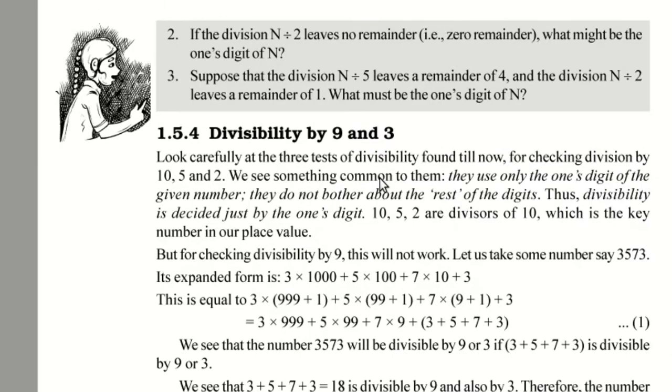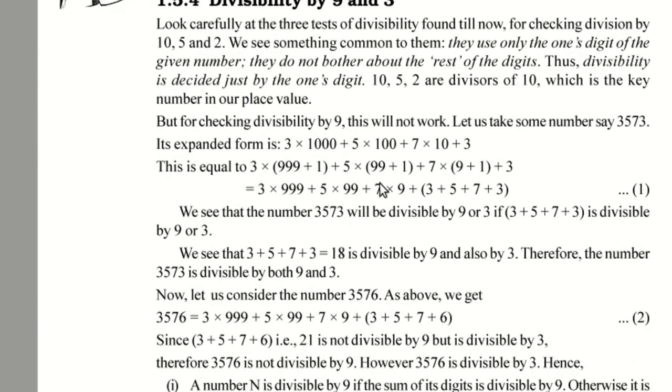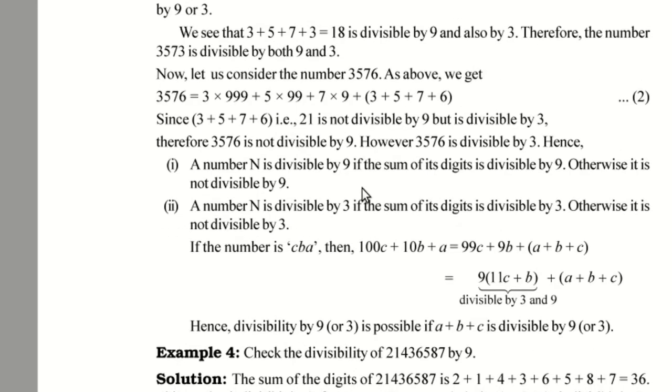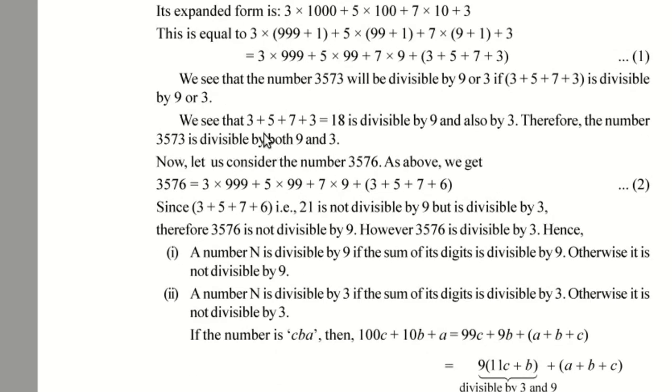Divisibility by 9 and 3. Now let us take an example. 3573. Is 3573 divisible by 3 or 9? Now let us check the divisibility for 9. We already saw this in the previous classes.